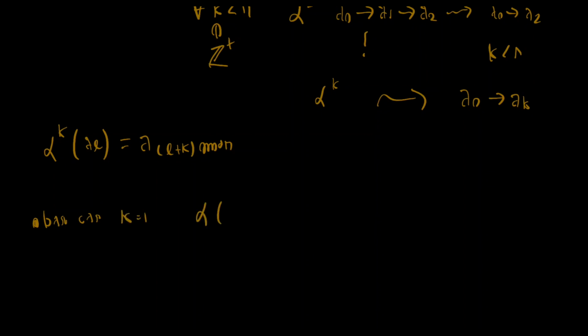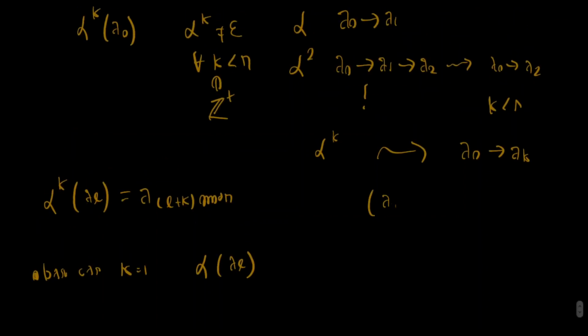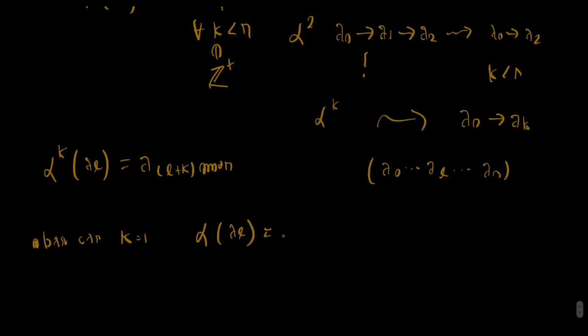If I apply alpha once to a of l, suppose that a of l is somewhere around here. Then alpha of a of l will just be a of l plus 1, since k is 1. But notice, all mod n. Why? Because if instead of a of l in the middle, we had the last element of the cycle, then the next element is a of 0.